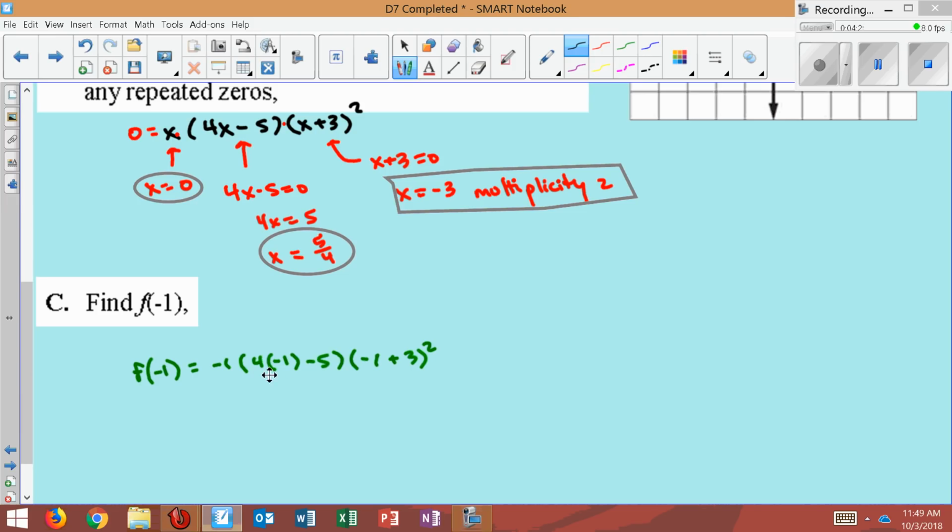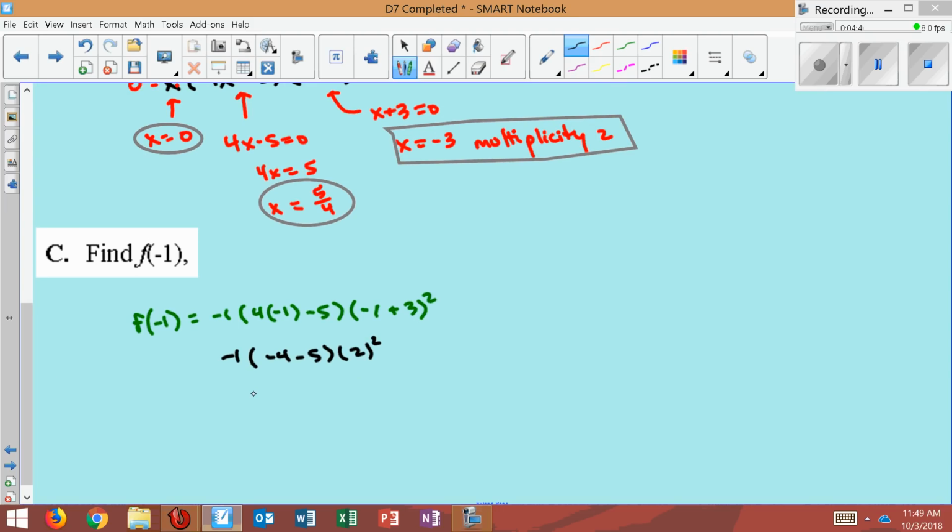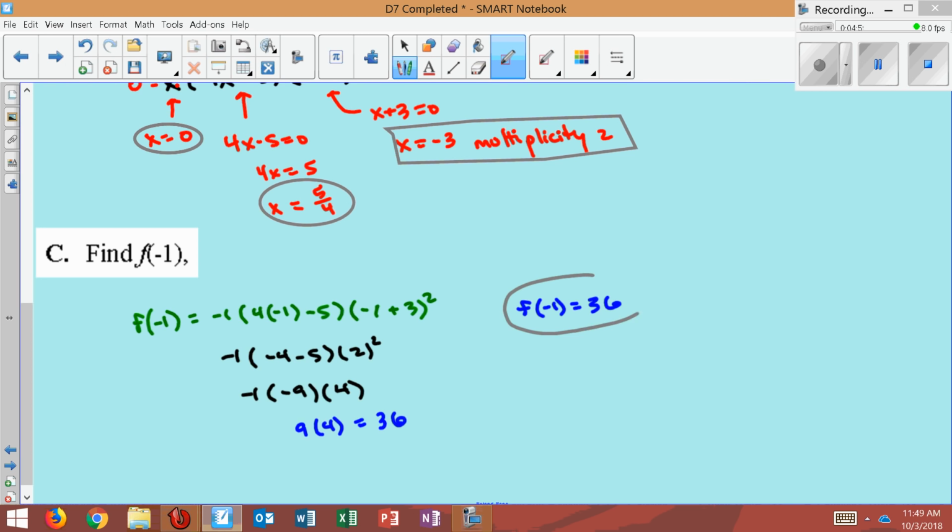I'll simplify these parentheses, and this would be negative 1 times negative 4 minus 5, and this becomes 2. To simplify this parenthesis again, I'd have negative 1 times negative 9 times 2 squared, which is 4. So negative 1 times negative 9 becomes positive 9, times 4 equals 36. So f of negative 1 equals 36. That's the answer to part C.